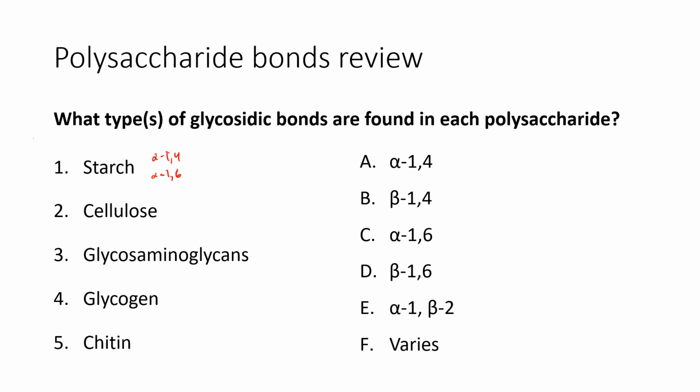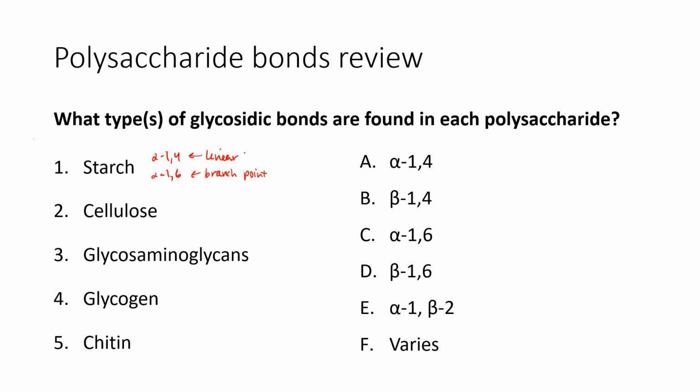Yeah, exactly. So all of the linear parts are alpha 1,4. Every time you have a branching off point, you have an alpha 1,6. Once you make that first branching off, all the other glucoses that are part of that branch will be connected to each other in a line with 1,4 bonding.